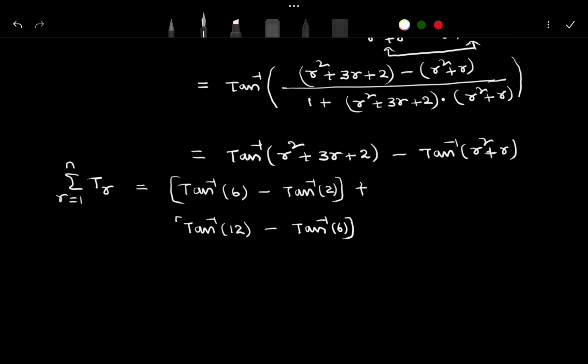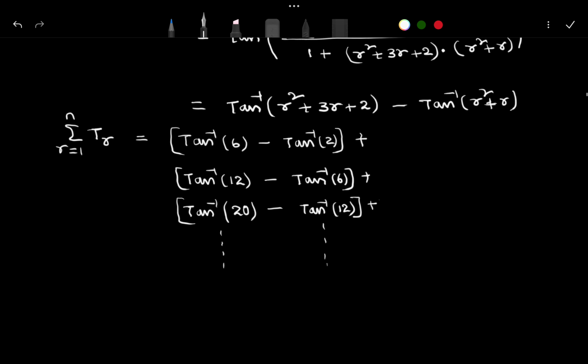This is the second term. Plus, what is the third term? Tan inverse of, third term means r equals 3. If you write 9 plus 9 is 18, 18 plus 2 is 20, tan inverse of 20 minus tan inverse of 12. So by observing this, the next is tan inverse 20 minus tan inverse of 12. In the third term, the first part is the same as the second part of the previous term, and so on and so on.